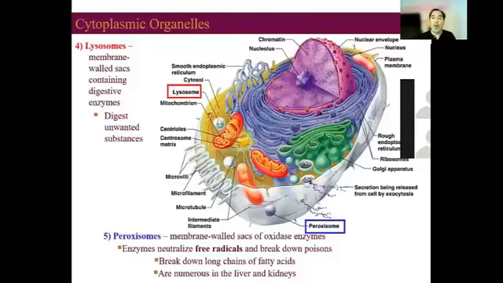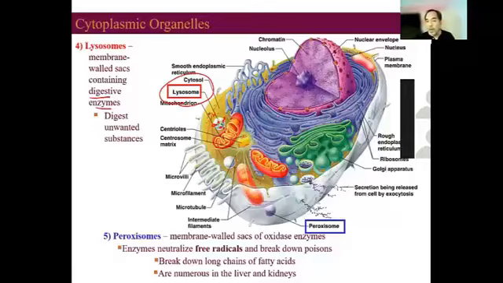Now, I've talked to you about a lysosome. Remember, a lysosome is a cell component that has digestive enzymes. Remember, these actually are proteins that were produced by the rough endoplasmic reticulum from the ribosomes. Now, this one, lysosomes are actually walled structures that contain digestive enzymes. And the digestive enzymes are the one that will digest unwanted substances inside the cell.